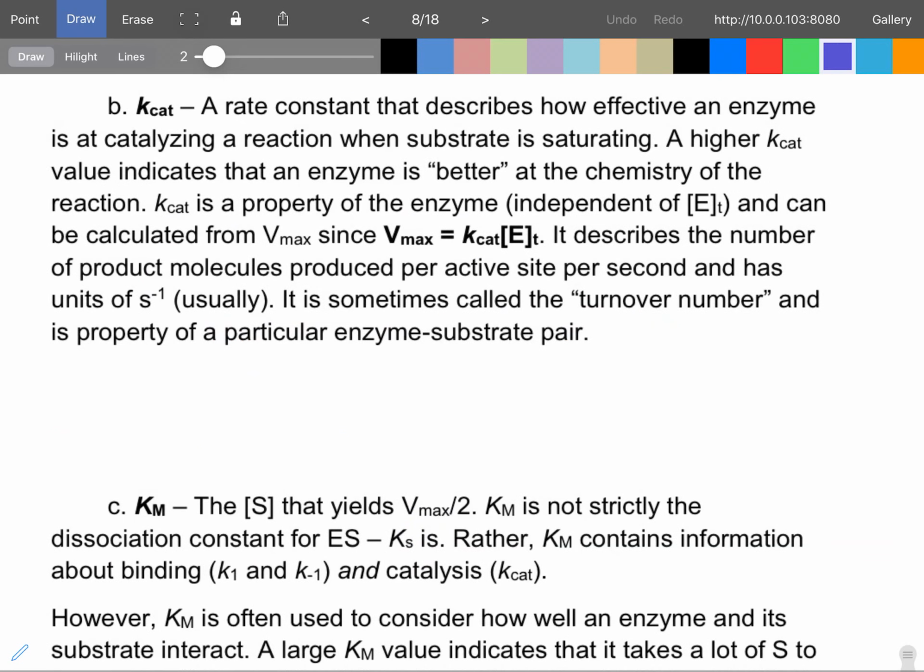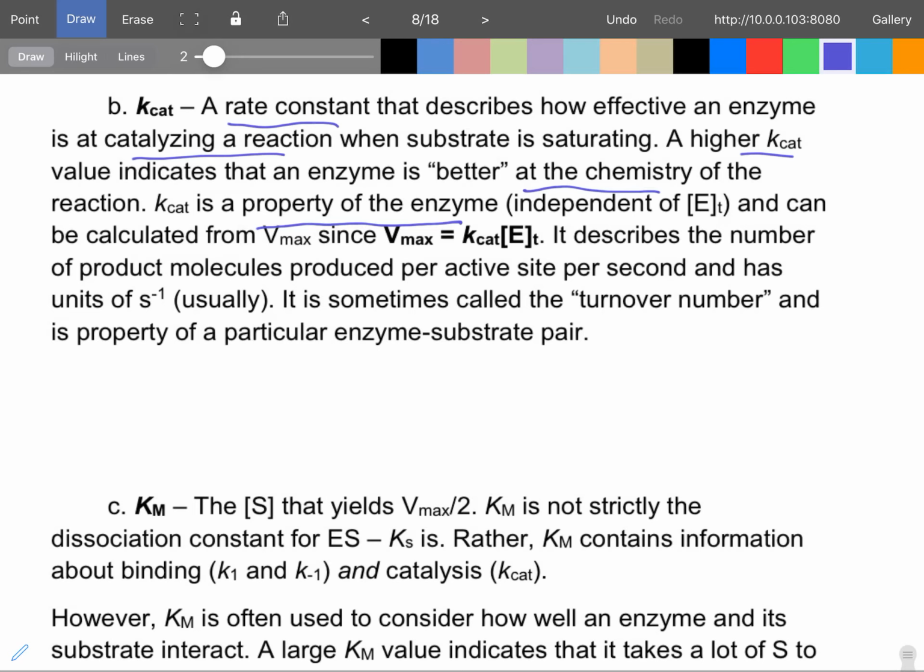Now kcat, however, is a rate constant. It's all about how effective an enzyme is at catalyzing the reaction, how good it is at the chemistry. Larger rate constants indicate a faster reaction. An important thing about kcat is it's a property of the enzyme, not the experiment itself, because it's independent of the enzyme concentration.